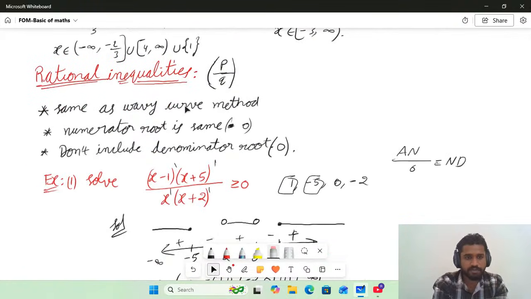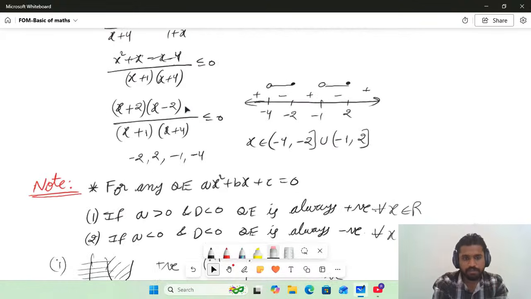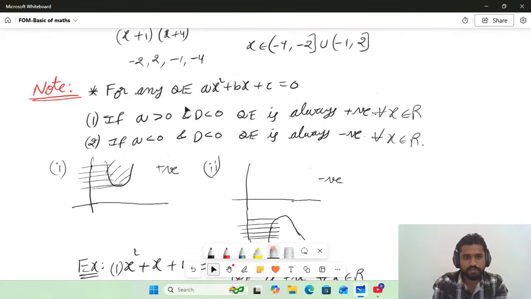Then rational inequalities. What is the procedure to solve rational inequalities we have completed, and see these note points. These two note points are very important while cross multiplying a quadratic equation in an inequality. Based on these two note points, we will do one PYQ now.